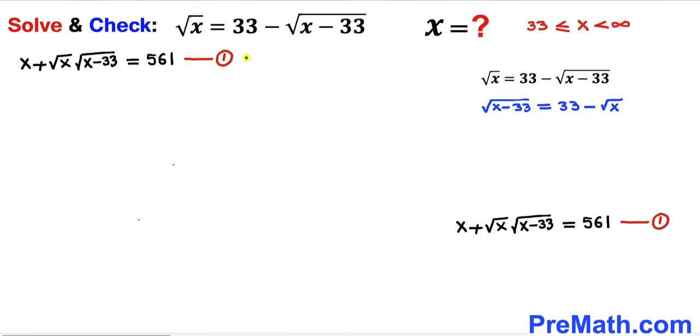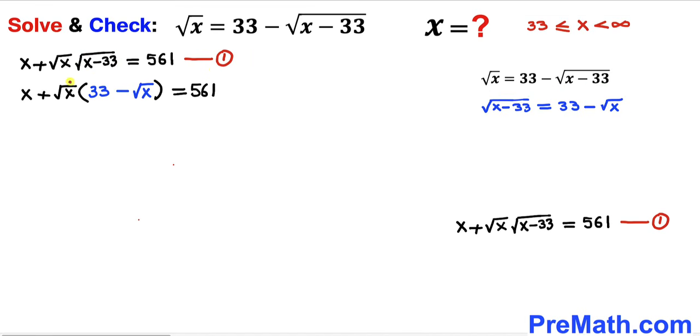And now let's focus on this equation 1 once again. I'm going to focus on this part, square root of x minus 33. And we know square root of x minus 33 equals 33 minus square root of x. So I'm going to replace that with 33 minus square root of x over here, as you can see in this next step.